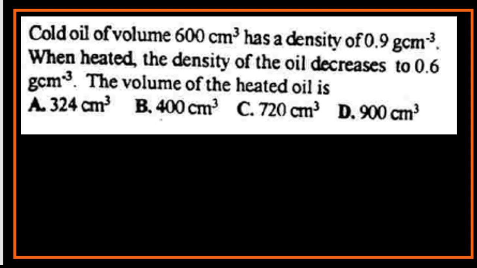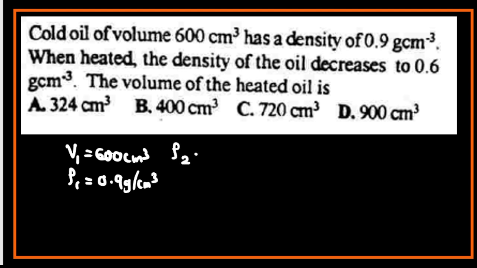Okay, now let's do it together. Crude oil, they gave you volume. This is V1 equals 600 centimeter cube. Density 0.9 gram per cm cube. And they said the density actually changed when heated.